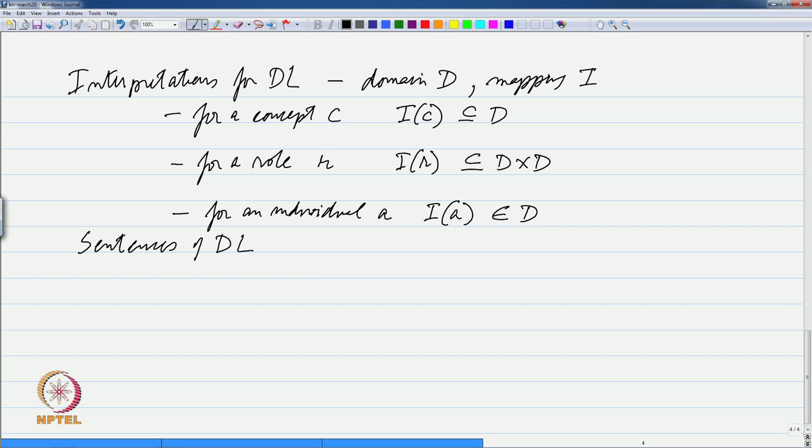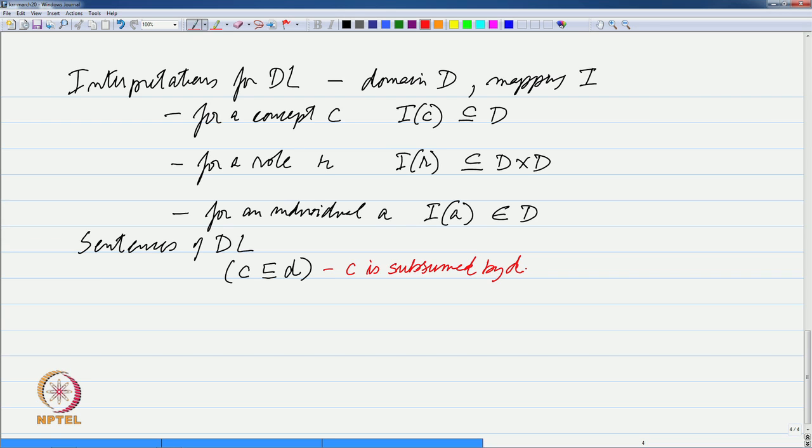You can say that a concept C is subsumed by D. That is one kind of sentence.